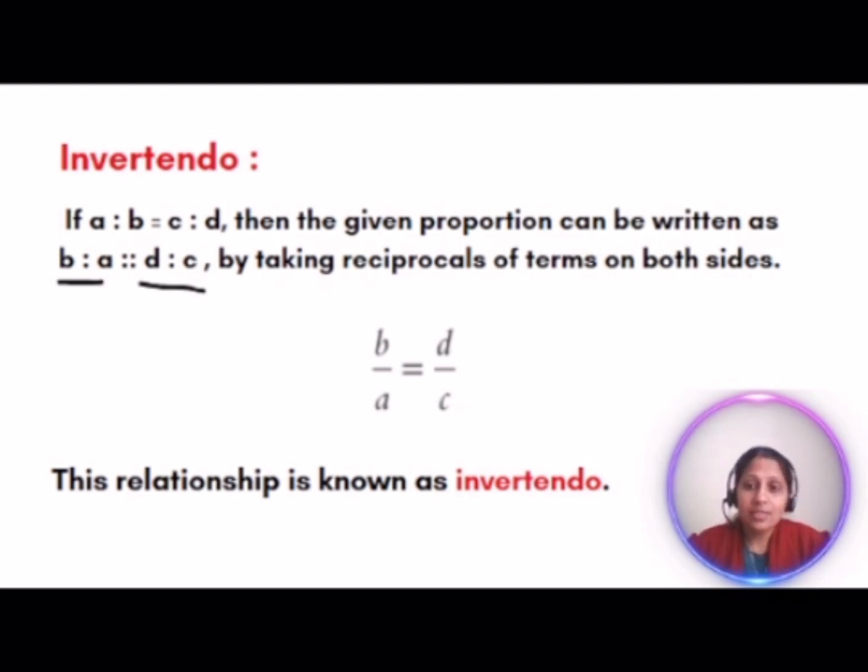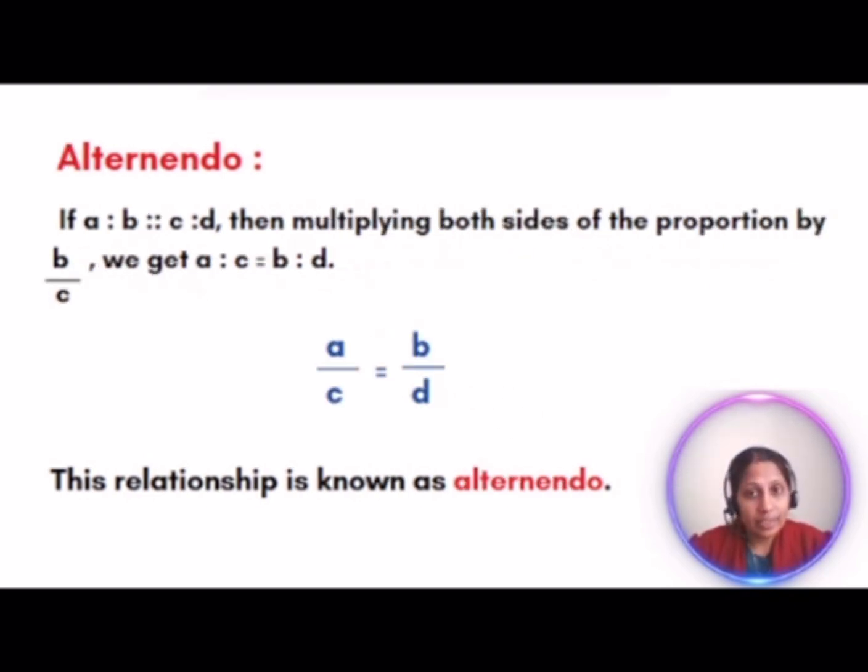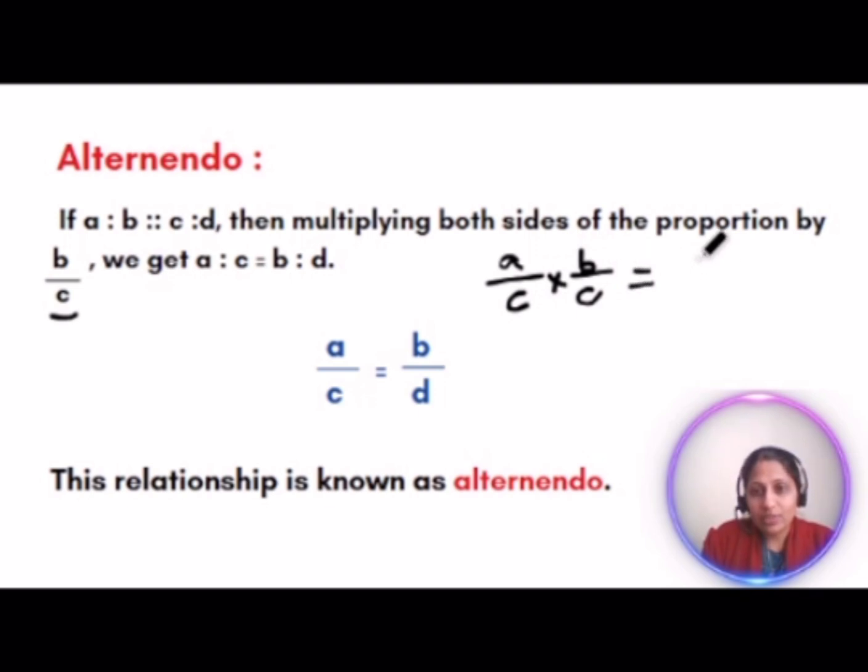And the last term is alternando. As the name suggests again, we are going to alter the terms by multiplying both sides by B by C. Say for example, A by B multiplied by B by C equals C by D multiplied again with B by C. So this C will get cancelled. Sorry, here it is B. So B will get cancelled.